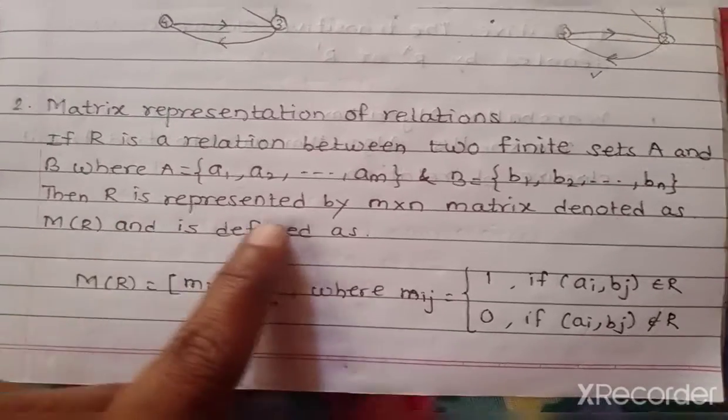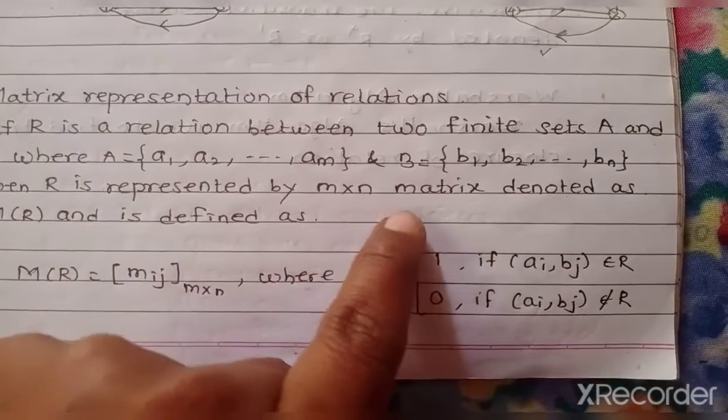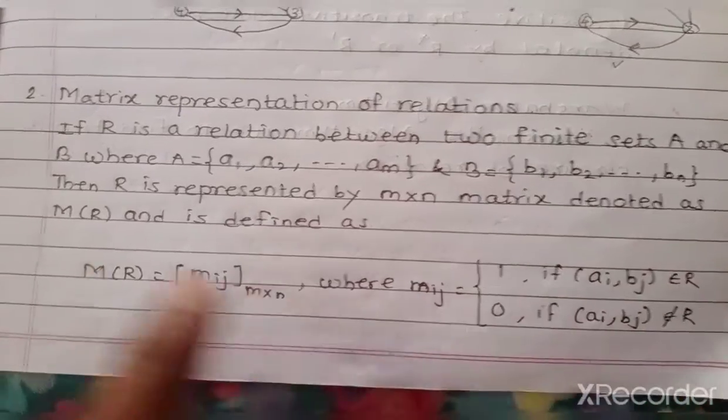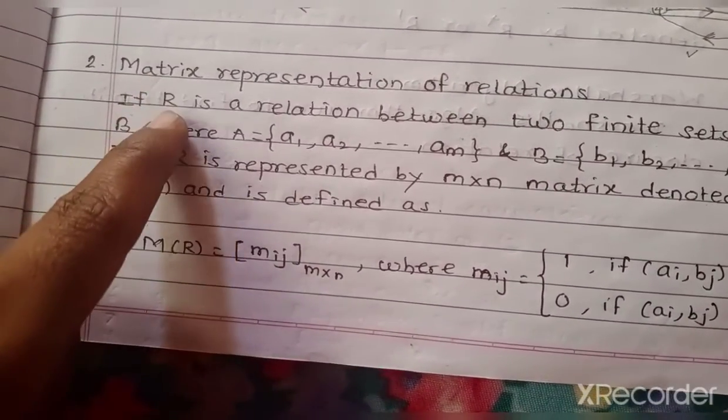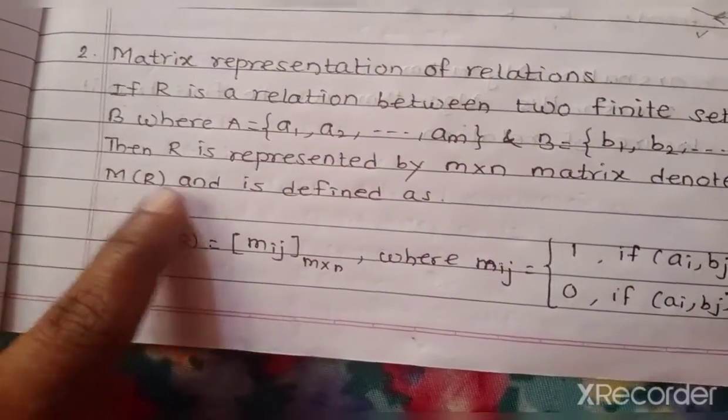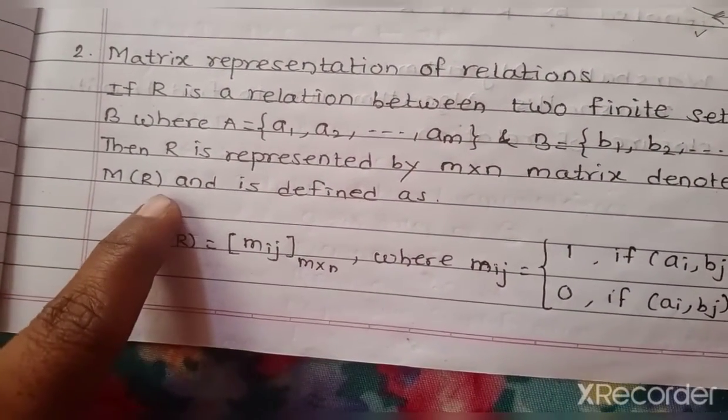then R is represented by an m by n matrix denoted as M of R, where M is for matrix and R for the relation.